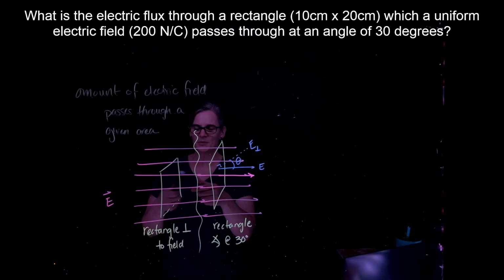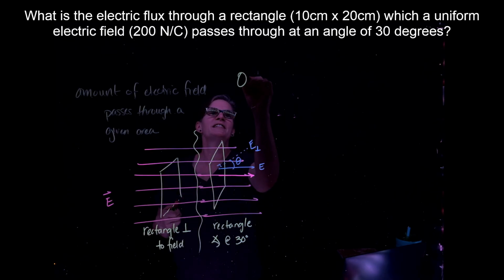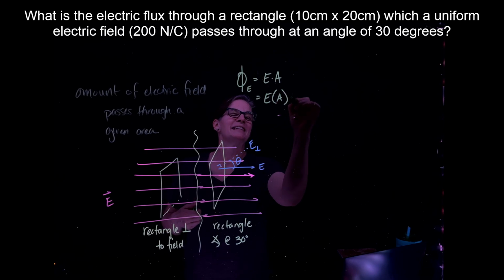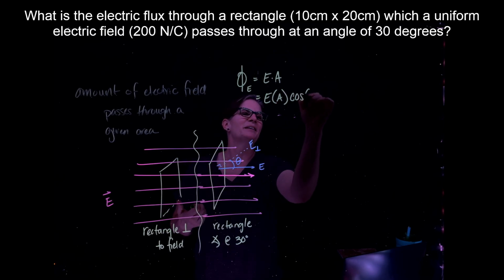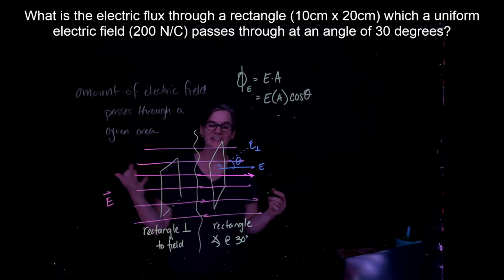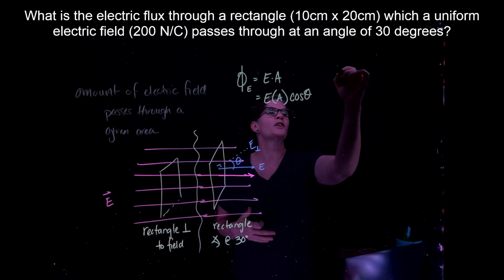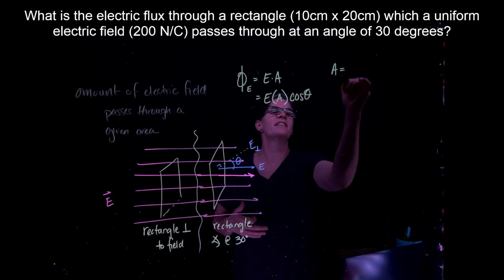So how can we use our new understanding of electric flux, which is E dot A, or the electric field times the area times the cosine of the angle between them. So first we always have to make sure we know what that area is.